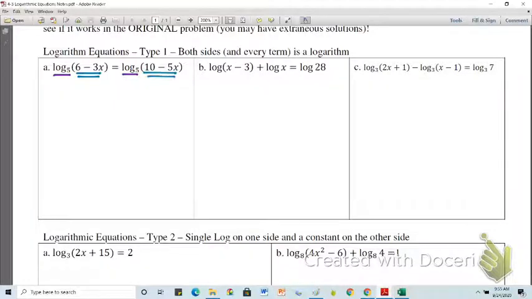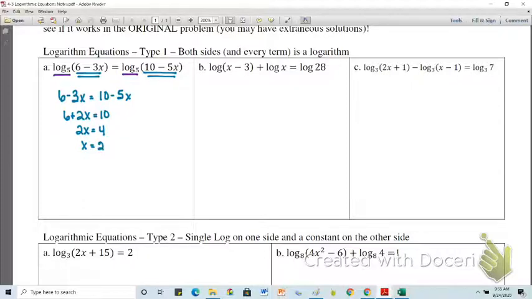So I'm going to set what's inside equal to each other. 6 minus 3x equals 10 minus 5x. I'm going to add 5x to both sides. Subtract 6. And divide by 2. X equals 2.